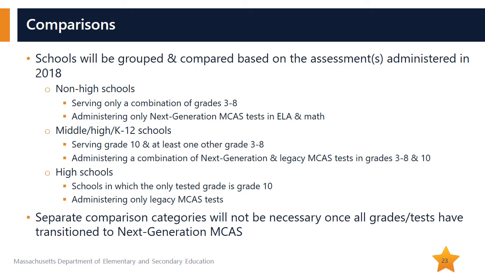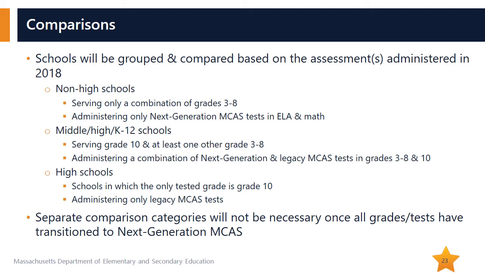As a result, for 2018 reporting, schools will be grouped into one of the following three categories: non-high schools, which are schools that only administer the next generation MCAS tests in grades 3 through 8, high schools, or schools that only administer the legacy MCAS tests in grade 10, and middle high or K-12 schools, which administer the legacy grade 10 tests and the next generation MCAS tests in one or more grades 3 through 8.